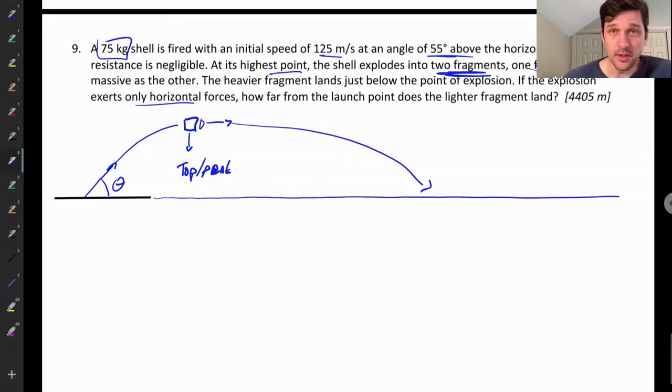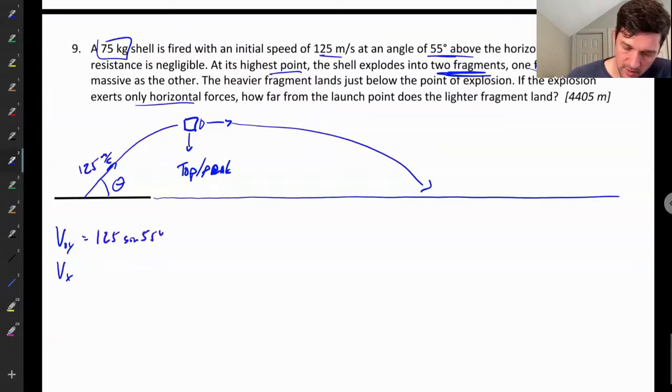So if we treat this like a projectile, we've got V0Y and VX, its original Y velocity, since it was launched at 125 meters per second at an angle of 55. That's going to be 125 times sine of 55 degrees. And the X velocity is going to be 125 times the cos of 55 degrees.